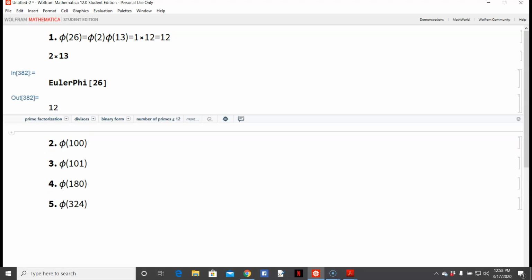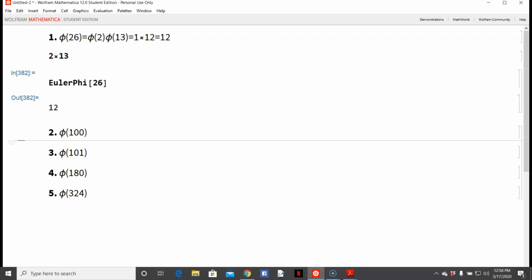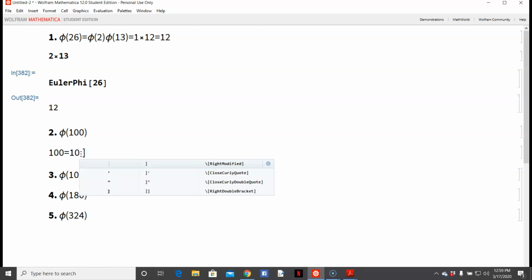Now let's do phi of 100. Again, 100 is not prime, and it's not a prime power, so I'm going to have to start factoring it. The important thing is to factor it into things that are relatively prime. I could factor 100 as 10 times 10.